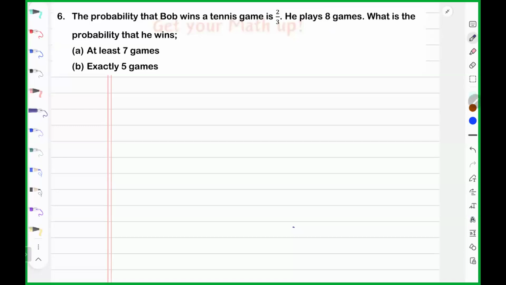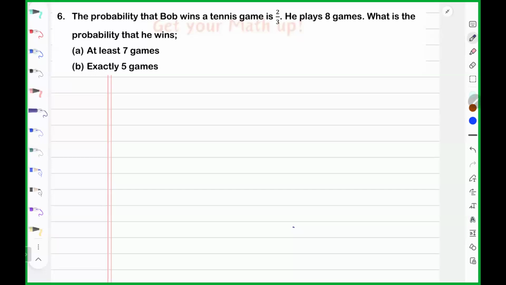Yes, so we have to determine our P, which is the probability of winning, and our Q, the probability of losing. You could have a draw, I know we have draws in tennis games, but we're just looking at the winning and losing events, either a win or a loss. So the probability that he wins is 2 out of 3.